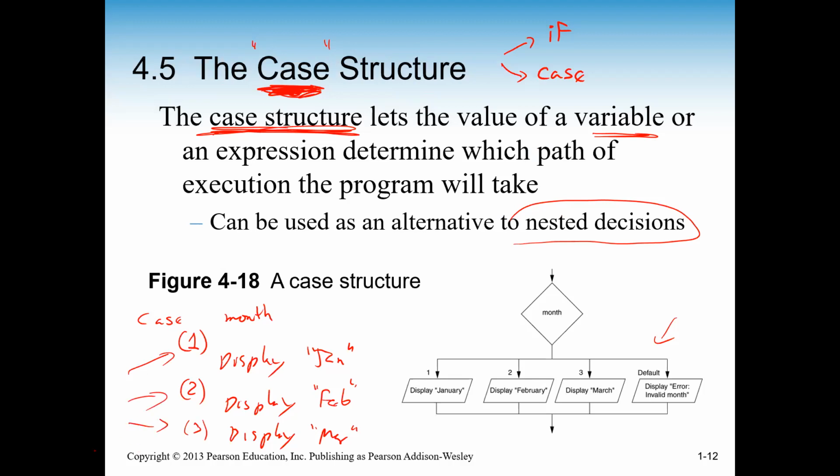And so that would be 50 nested ifs. That might make it just a little bit cumbersome. You have to pay a little bit more attention to what you're doing. Whereas with a case, when you look at it, the structure looks pretty good, pretty clear. And so that's basically all it is.